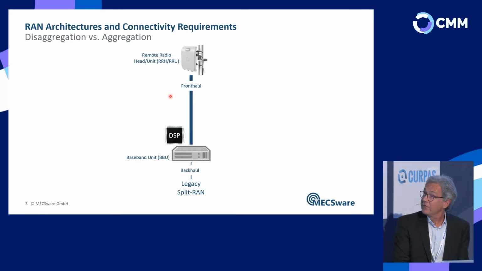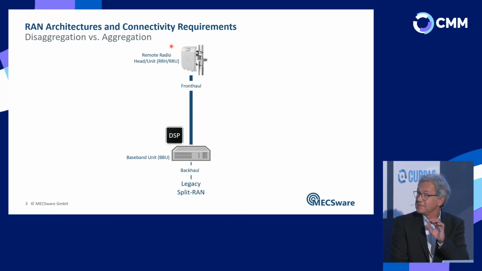Then there is a remote radio head or remote radio unit. It's connected through a fiber, a high-speed connection, and this radio unit can then be installed on a mast, on a pole, or wherever. The connectivity between both is named fronthaul. I'll show later on why it's fronthaul, because there's also a backhaul.